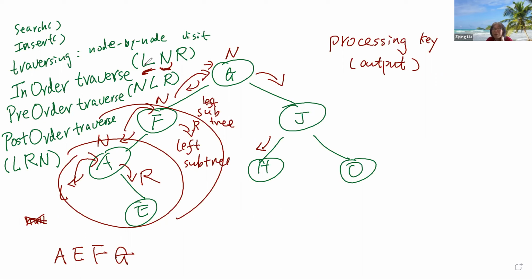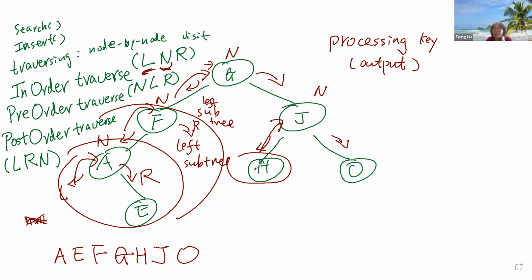Whenever you see a node, you need to follow left, node, right. So I go to the left, which is H. After I finish H, I go back to node J. After I finish J, I go to the right.